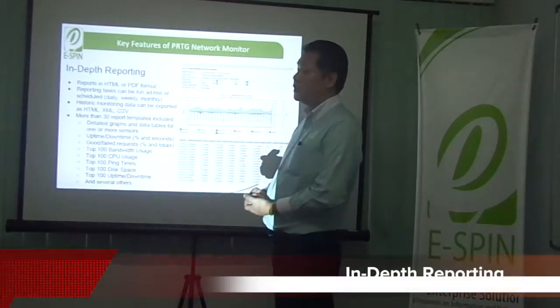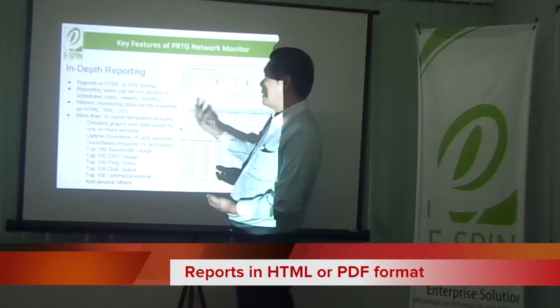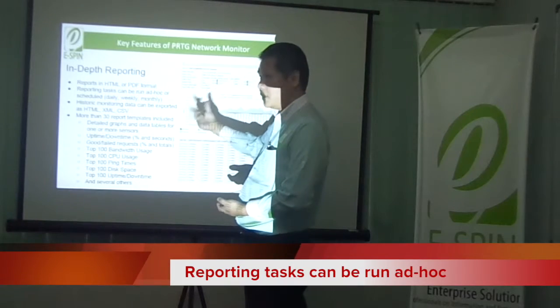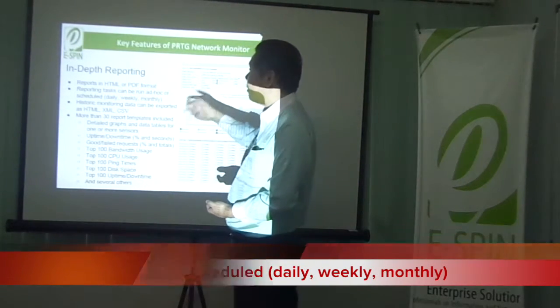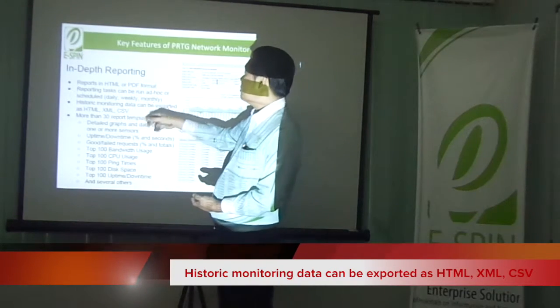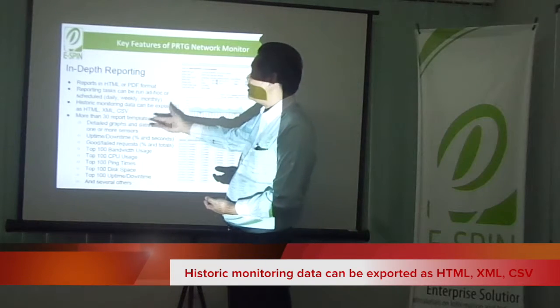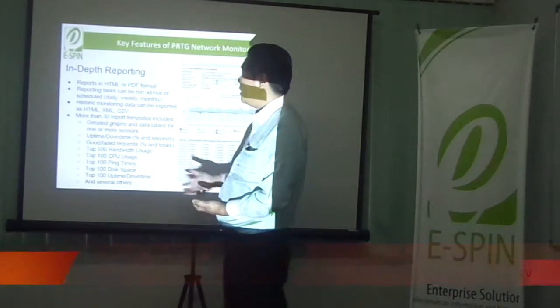Key features: the built-in reporting. You can report in HTML or PDF format. Reports can be run ad hoc or on a schedule, meaning automatic, whether sent daily, weekly, monthly, and so on. Historic monitoring data can be exported as HTML, XML, or CSV for other purposes and for archiving.